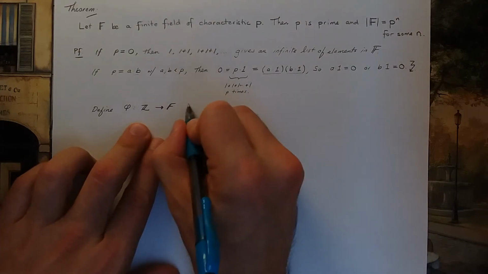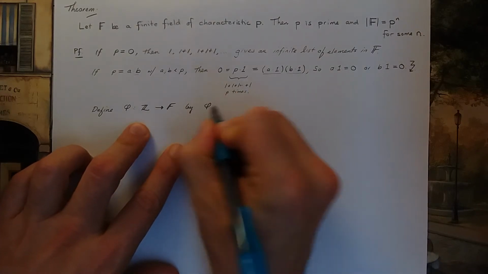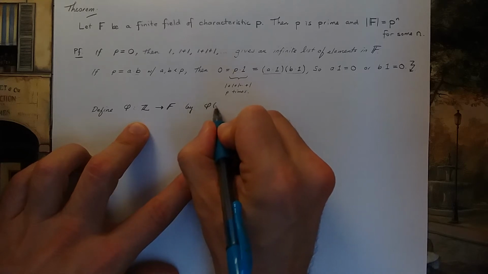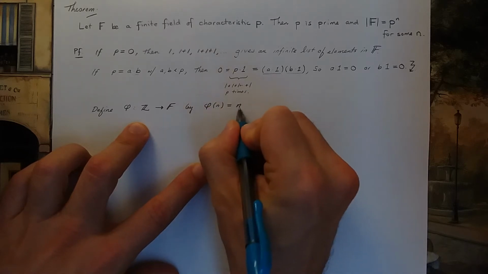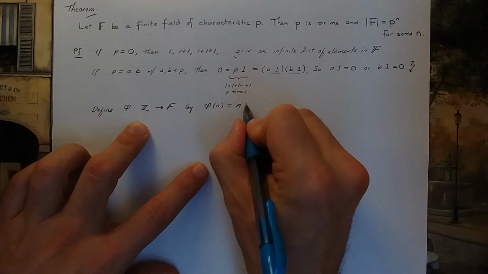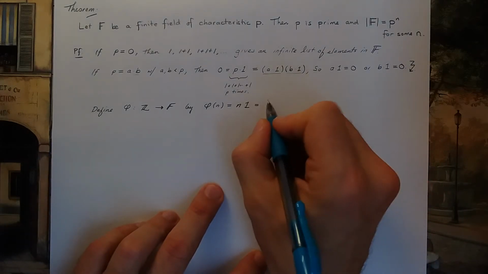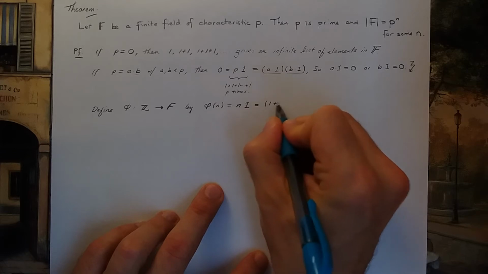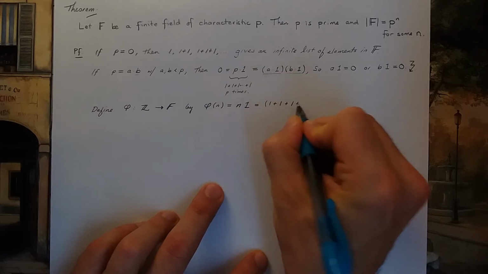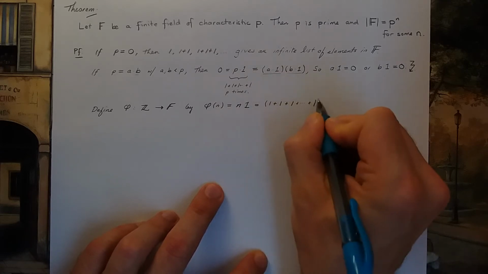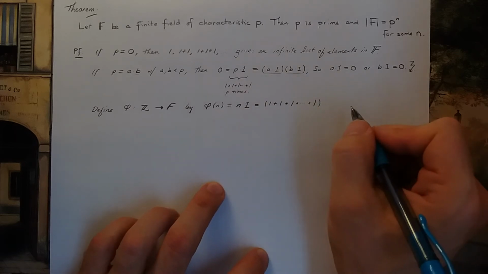I'm going to define phi of n to be n times 1, which is 1 plus 1 plus 1 plus a bunch of 1s, n times.